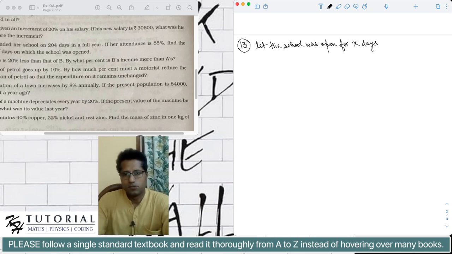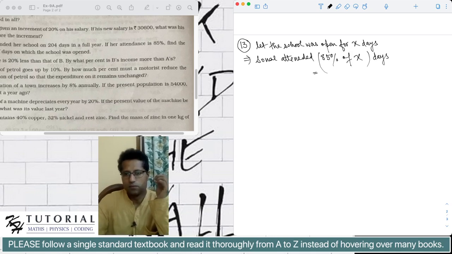Now this implies Sonal attended, her attendance is given to be 85%. So Sonal attended 85% of X days. So this is equal to 85% of X, means 85 by 100 multiplied by X days.